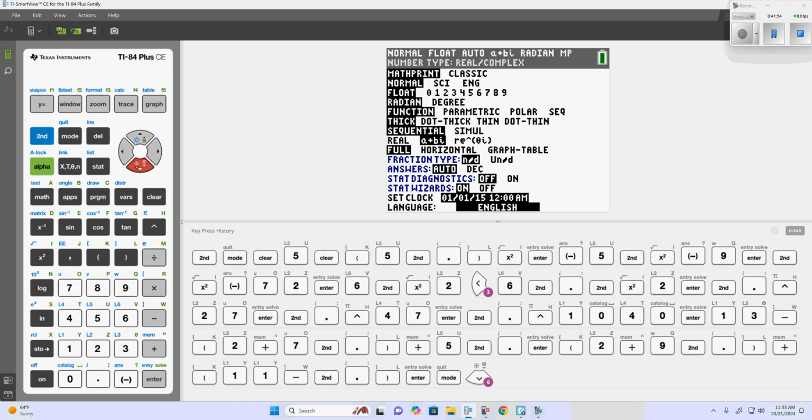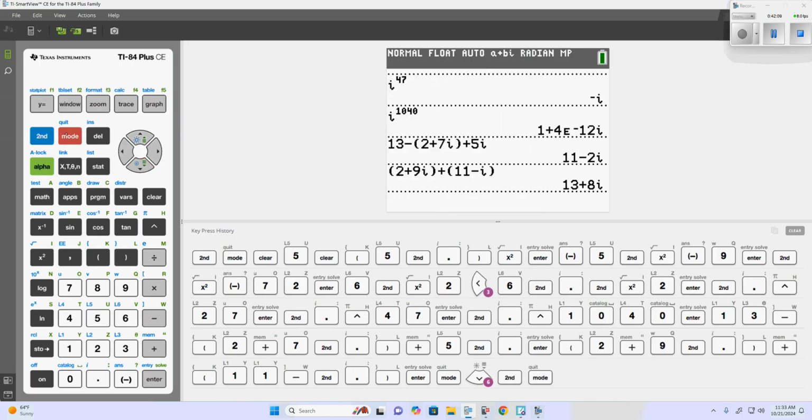This is part of the reason why the 30XS, the yellow calculator, does not take the square root of a negative, because it's set to only be in real numbers. It will not do imaginary, so that's why it gives us an error. But doing all of these operations here, it doesn't matter if it's in real or a plus bi form.